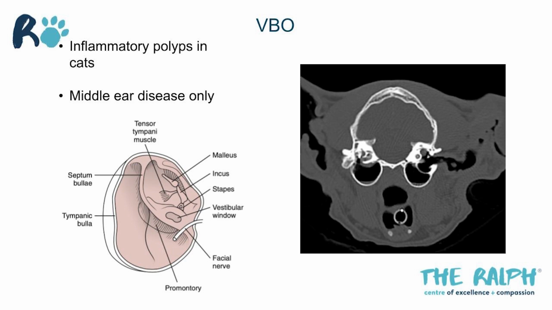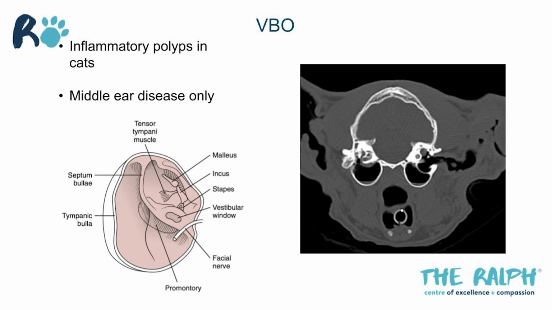So here is the middle ear of a cat. It's a bit different from the dog, which we saw earlier, because the cats, they have a complete septum. You can see it here. So the middle ear is properly divided into 2 chambers, the ventromedial compartment, which is this big area, and the dorsolateral.